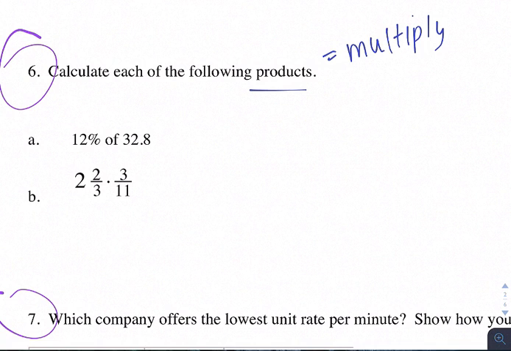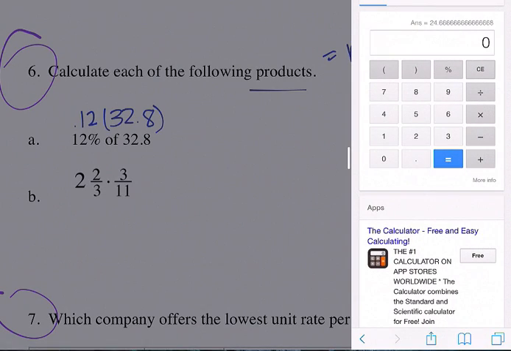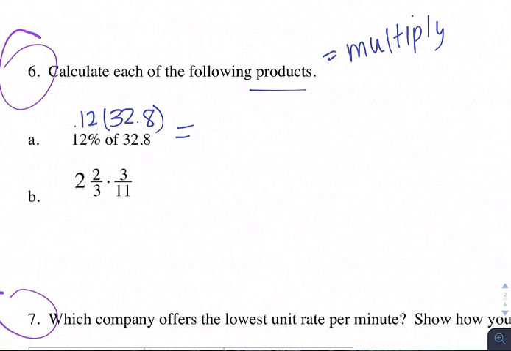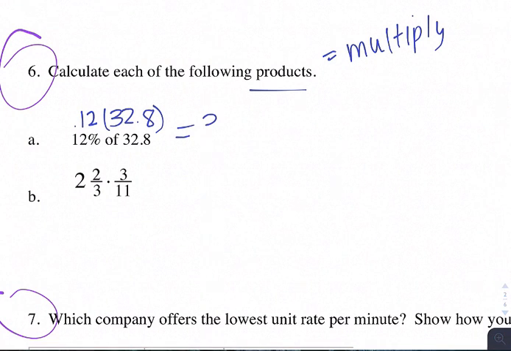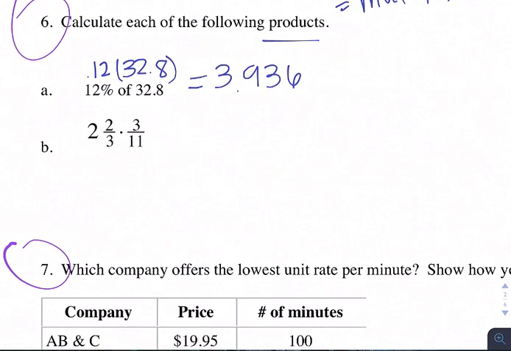I can write this as 0.12 times 32.8, and we get 3.936, or 3,936 thousandths.